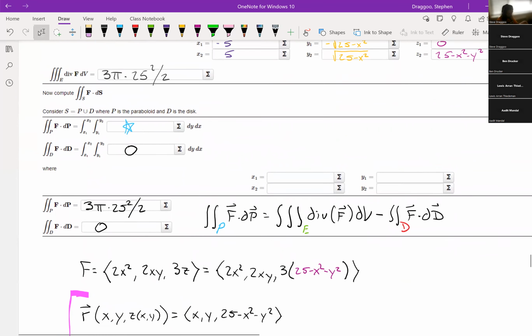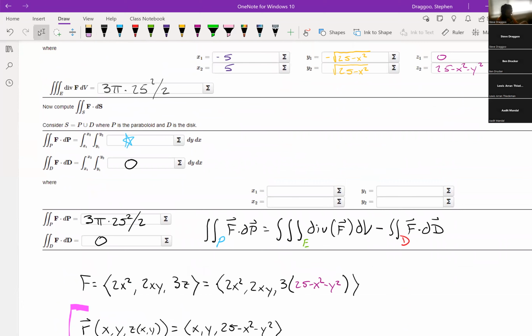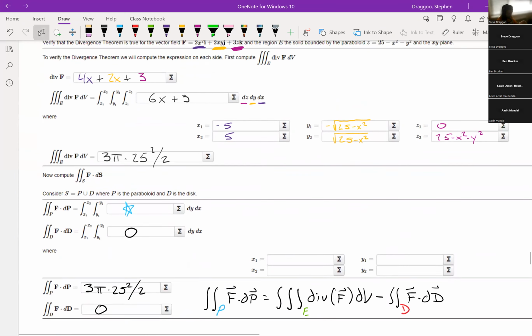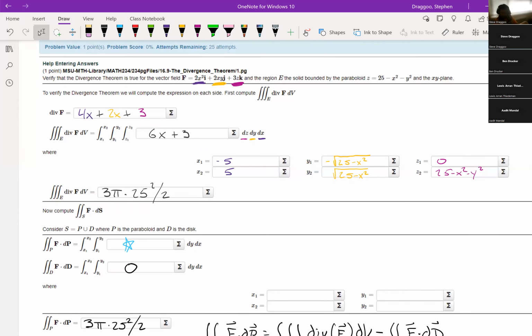What the rest of it is saying is that I want to directly calculate the flux that goes out of this solid, which means I want the flux through all of its surfaces.